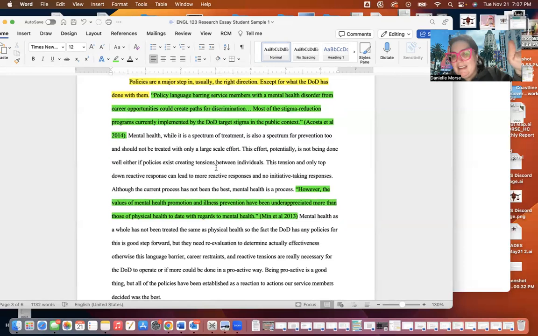Again, this is a C because they're bringing in additional ideas. They're talking, I don't even want to use the word specifically. They're talking more directly about policies and the DoD and bringing up this idea of stigma and mental health stigma and how that could potentially impact career opportunities.